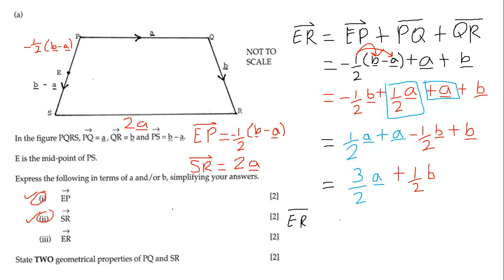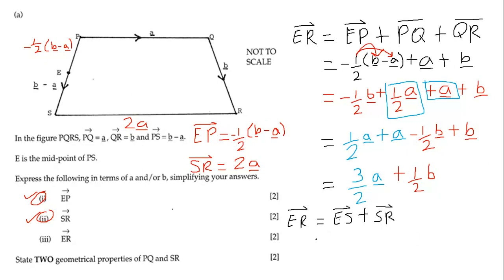ER equals the vector ES plus SR. We go from E to S, then from S to R, and then we get ER.